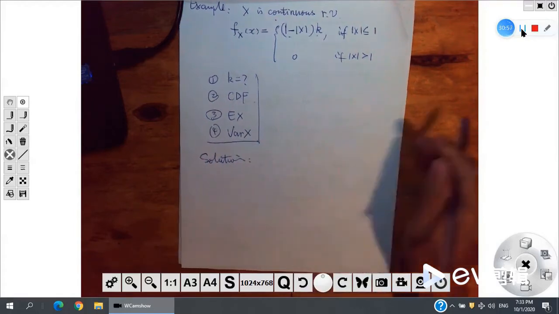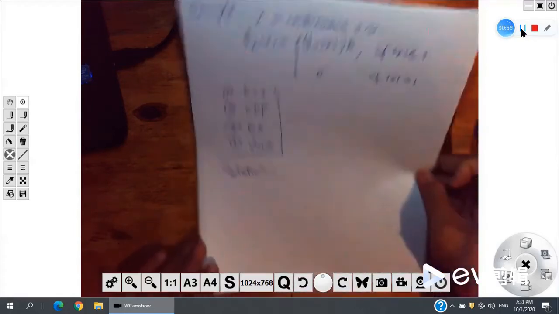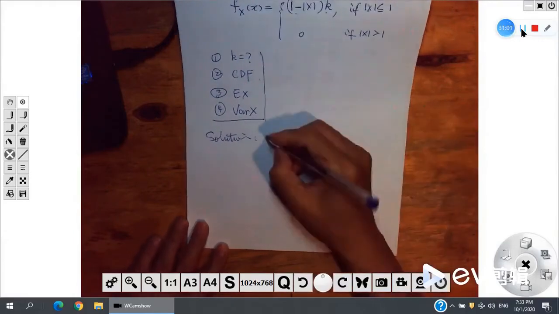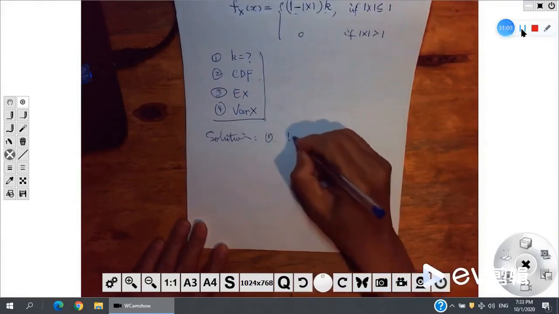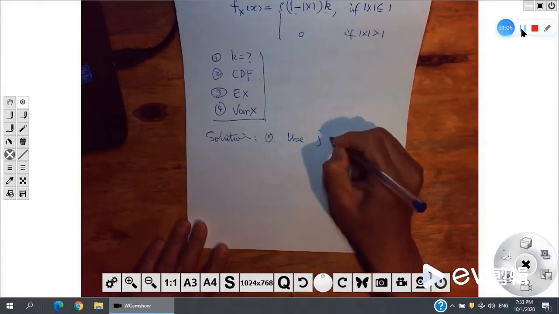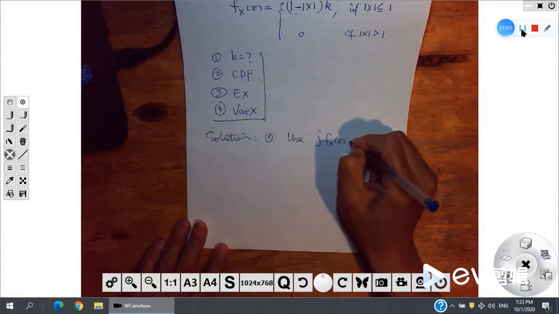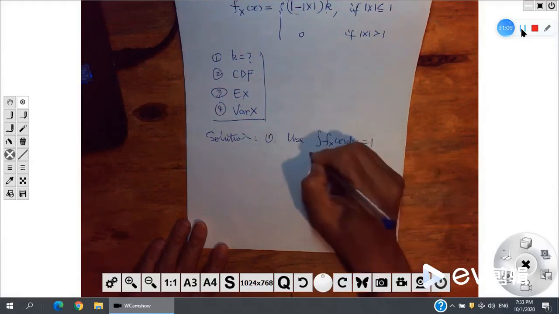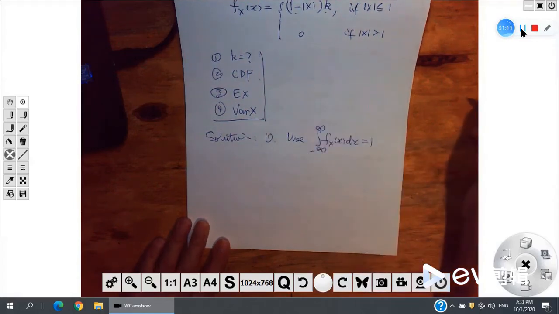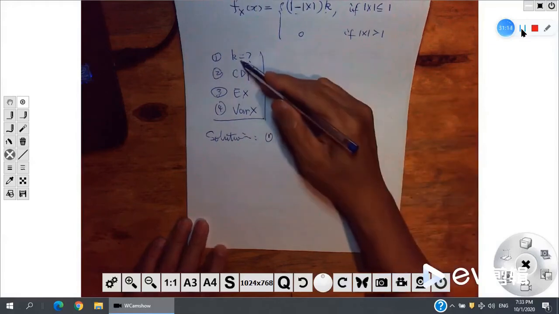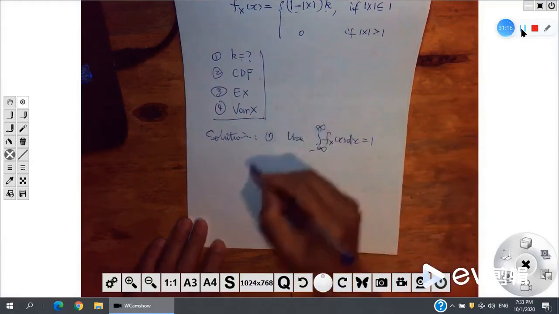First one, you want to find k. Then how to determine it? We can use that the integral of fX(x) dx is 1. We use this to determine k. Now we have the integral.